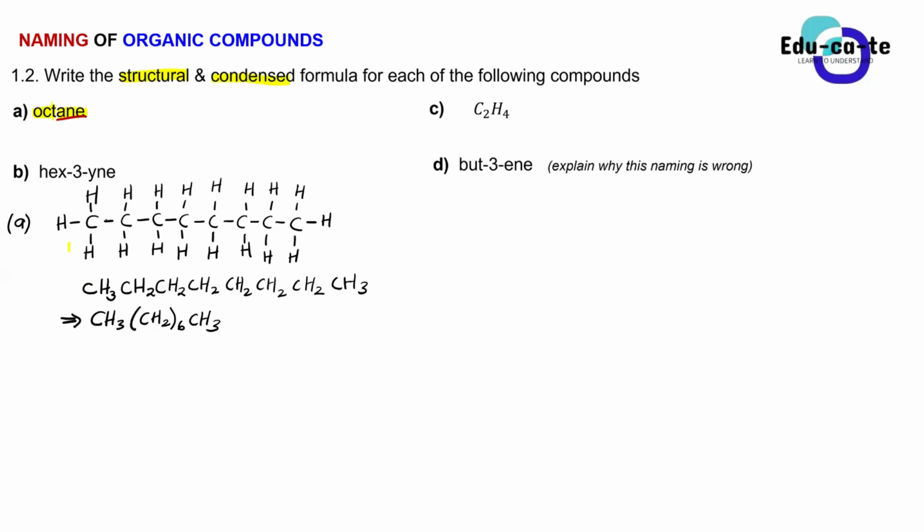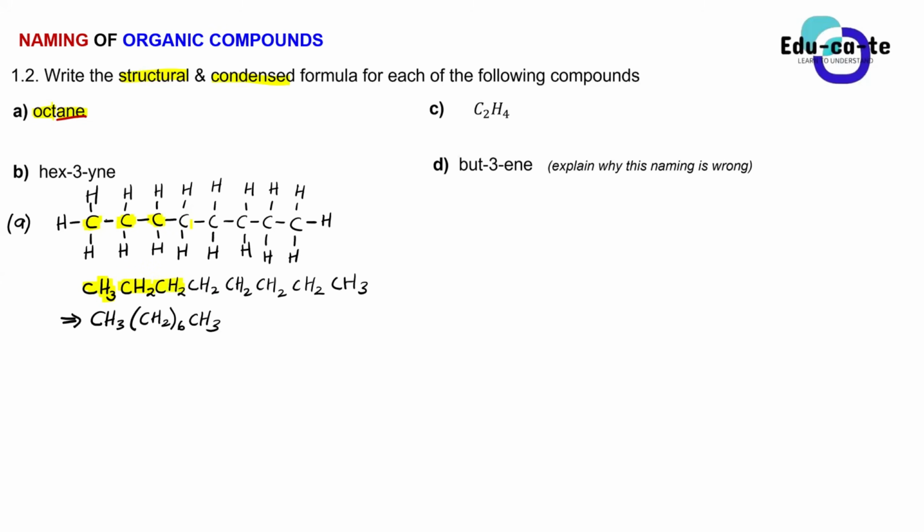Now this is the first carbon, C. It is bonded to 3 hydrogens, 1, 2, 3, that's why you write CH3. Then this carbon number 2 is bonded to 2 hydrogens, that's why this is CH2. Then the next carbon is bonded to 2 hydrogens, so that's another CH2.